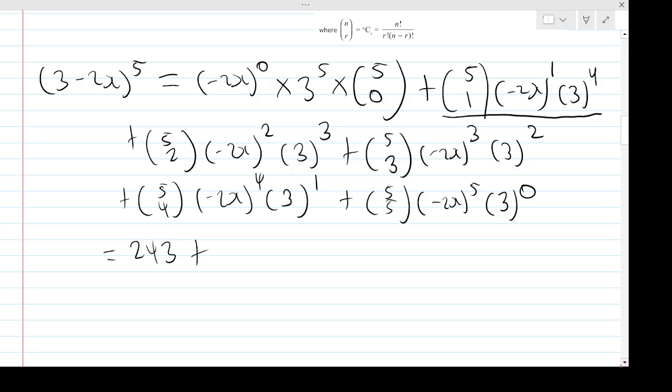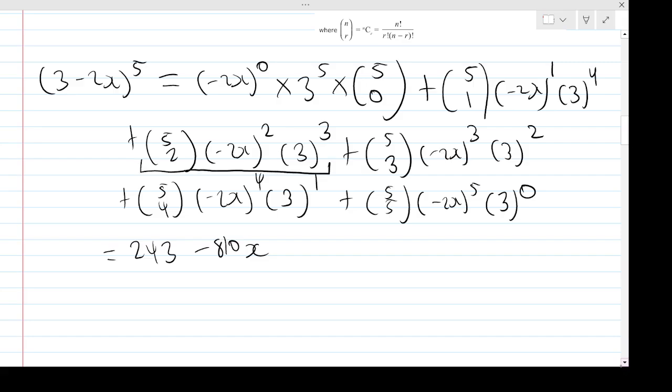Minus 2 times 5 choose 1 is minus 10 then. Then we need to times by the 3 to the 4. That would be minus 810, and that'd have an x attached to it there. Okay, then we've got this term.